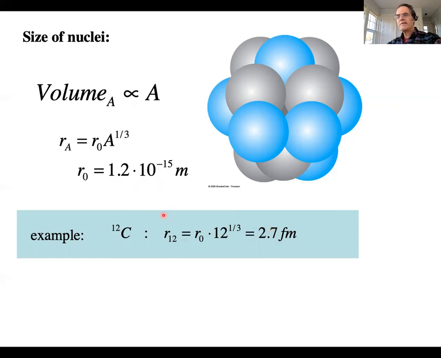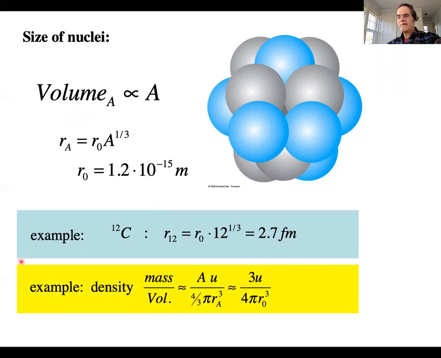Now, if we're clever, we can use this to figure out the density of an atomic nucleus, because this formula gives me the volume, and then we can just look up the mass. To find the density, which is the mass over the volume, we can simply take the mass to be A, the mass number, times the mass per nucleon U, and then divide that by the volume, which is 4/3 pi R sub A cubed.